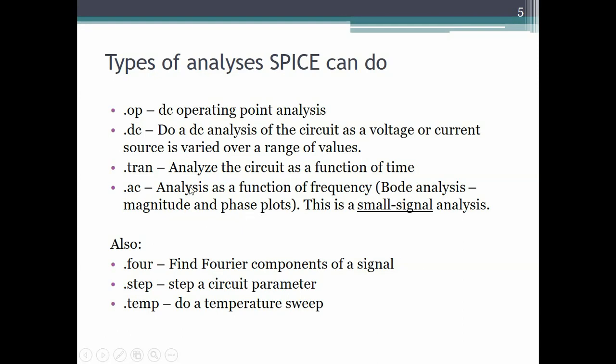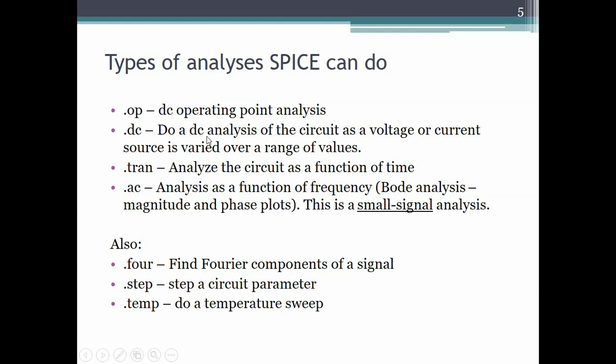One thing to remember about this analysis is that this is a small signal analysis. That means all transistors and diodes are replaced by their small signal models. We'll discuss small signal models after maybe 4 or 5 lectures. SPICE also does other analyses which you will not use. One is called a Fourier analysis, which finds the frequency components of any signal. .step steps a circuit parameter.